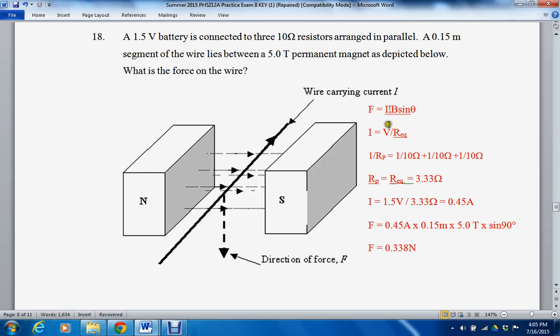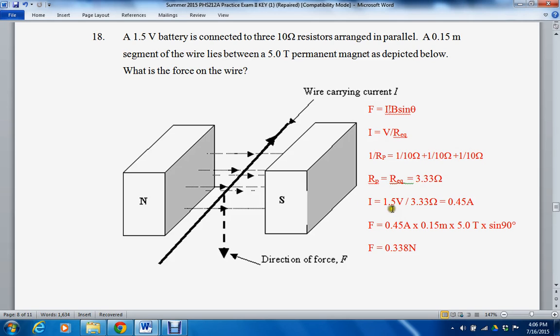Force equals IL, it's a cursive L, length of the wire that is between the magnet in the magnetic field, B sine theta. The current equals V over the equivalent resistance. The equivalent resistance is 1 over Rp equals 1 over 10 plus 1 over 10 plus 1 over 10. So 1 over that is 3.33 ohms.